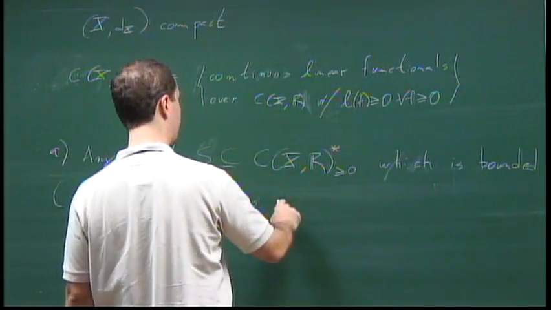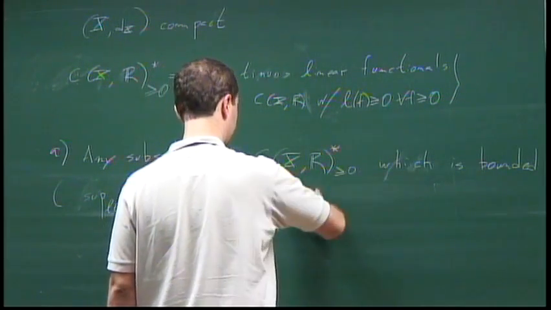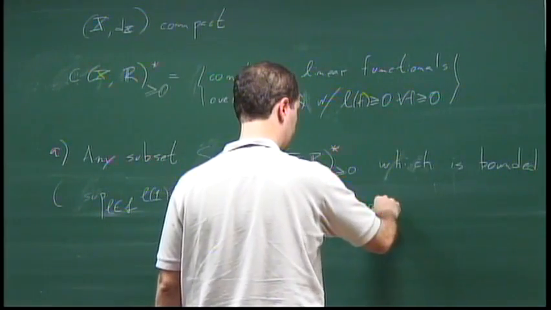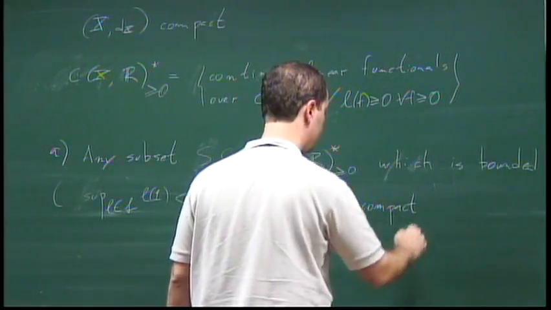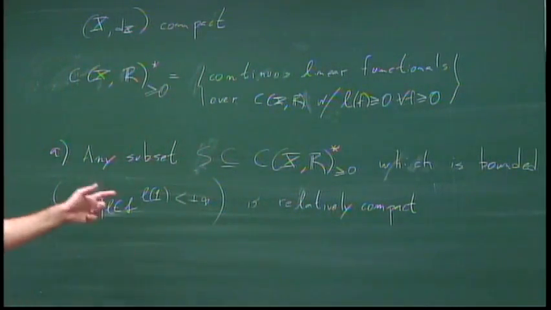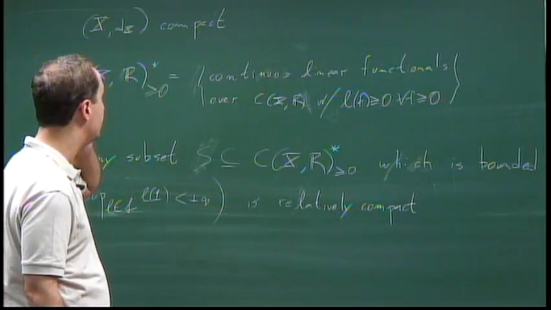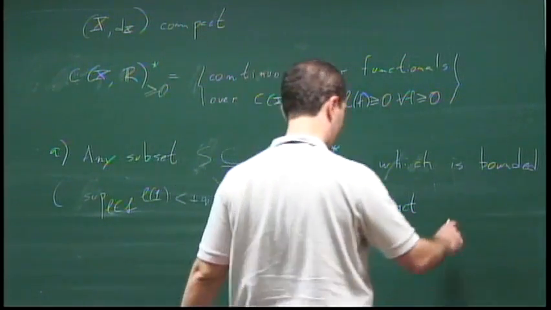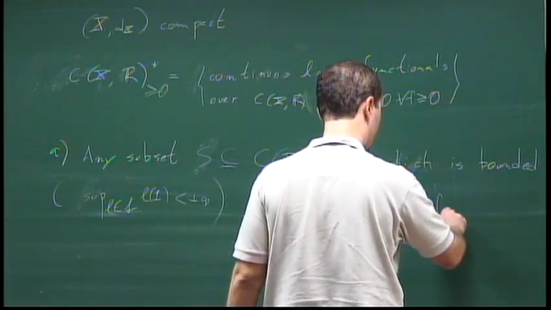Any such subset is relatively compact. This is what I said was a consequence of the Banach-Alaoglu theorem and the fact that the weak topology here is metrizable. But the weak star topology, so relatively compact for the weak star topology.